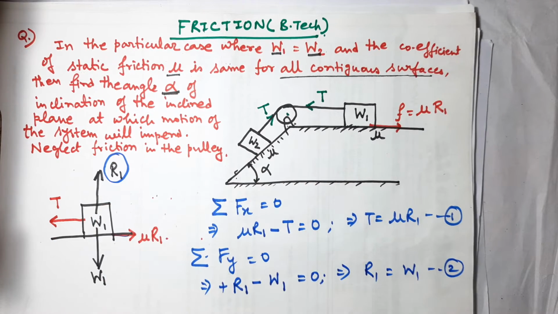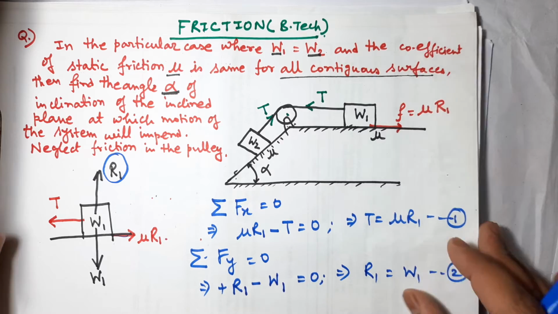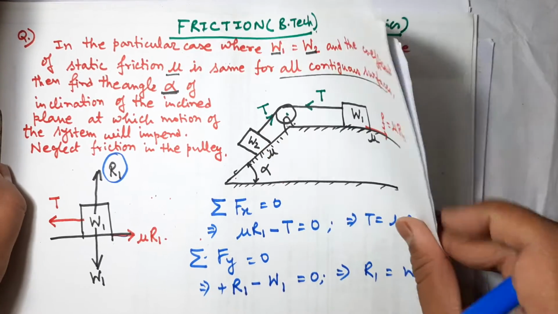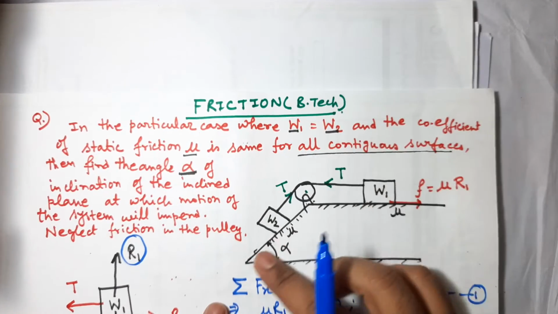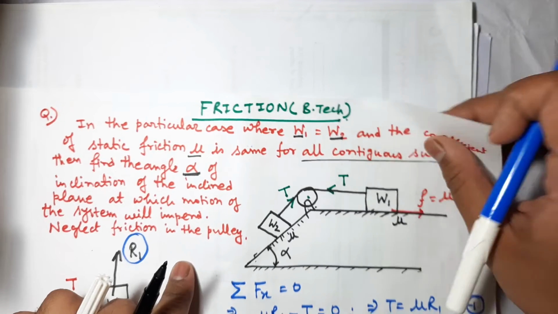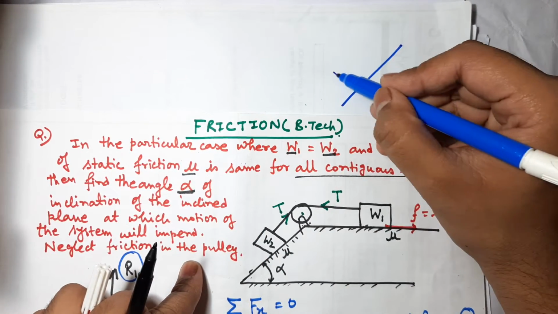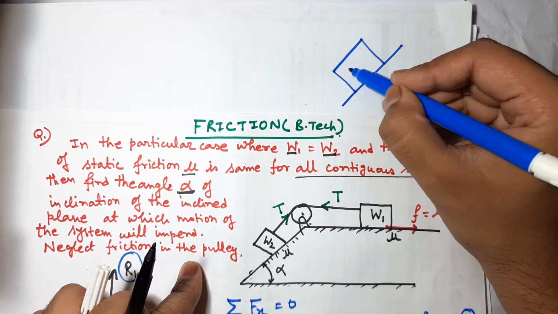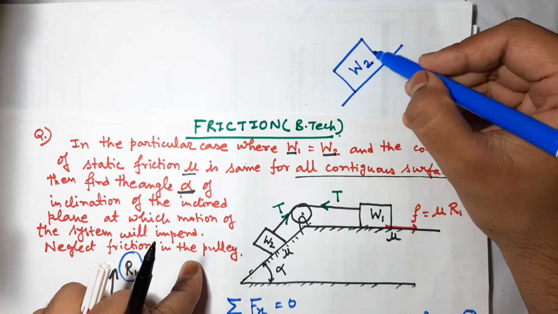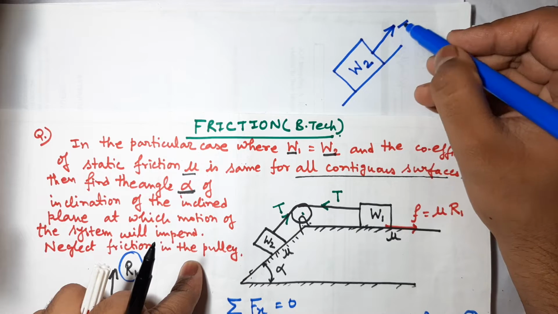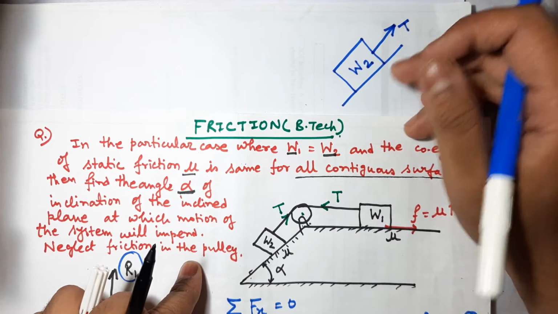Now consider block 2, the W2 block. I am copying the diagram. This is W2, and in this direction capital T is the tension.